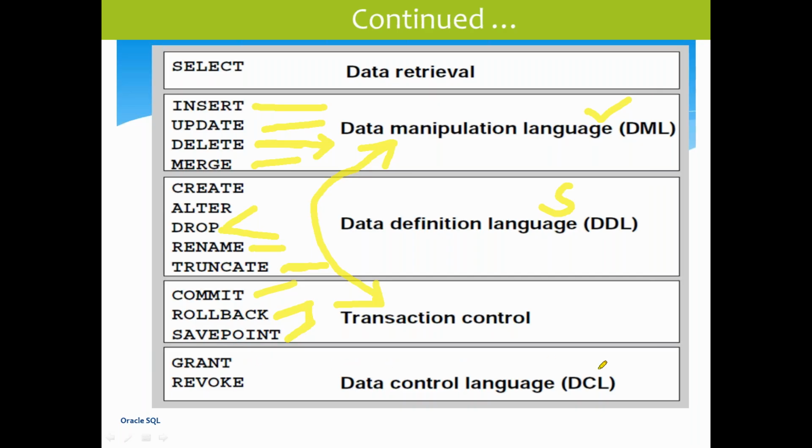Next is grant and revoke. This is not for tester and developer, but we should know what is DCL, what is the full form, what type of commands are available here, what is their purpose, use. In detail, DBA people are using this. Grant is to give permission for different users with different operations. Suppose Ram is one user, so he needs only DDL operation.